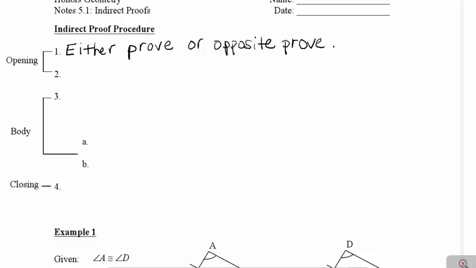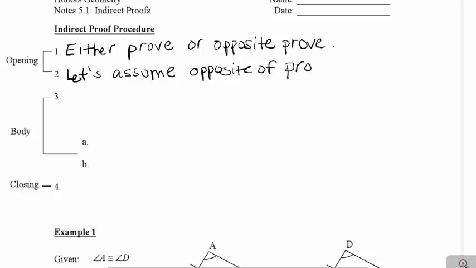Either what we're trying to prove or the opposite of that is true. Only two possibilities. Then, after we have our either statement, we next say, let's assume the opposite of what we are trying to prove. So let's assume the opposite of the proof. And then we kind of begin our proof from there.